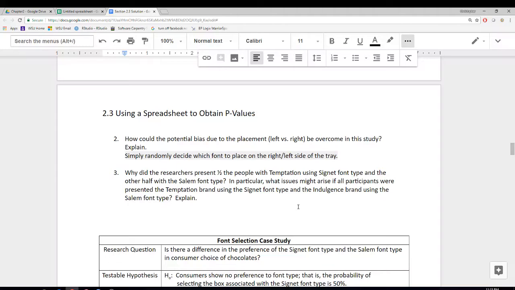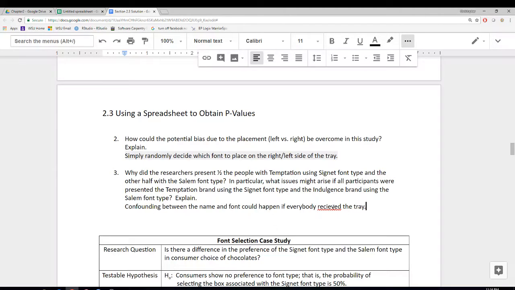So what issues might arise if all participants were presented the Temptation brand using the Signet font? Confounding between the name and font could happen if everybody received the same tray.